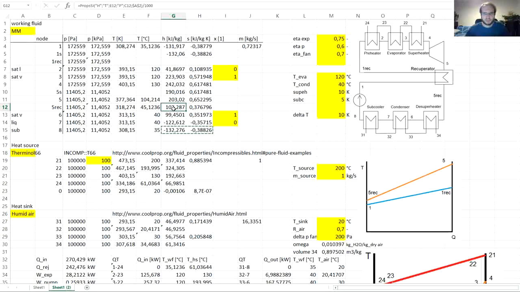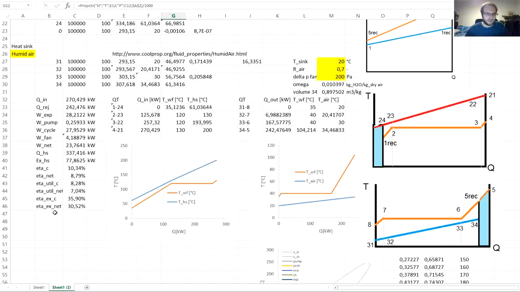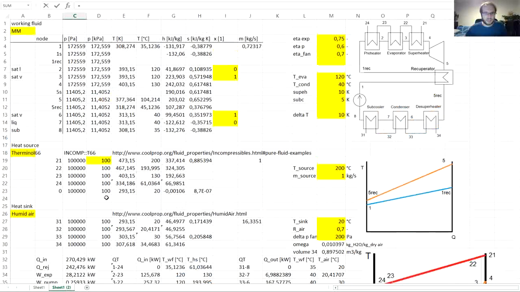So now we have the enthalpy at the point 5 recuperated, and from that and knowledge of the mass flow rate, we can get the recuperated heat. So let's add this over here, Q recuperated, which will be in kilowatts, and it will be the mass flow rate of the ORC working fluid multiplied by enthalpy difference 5 and 5 recuperated.